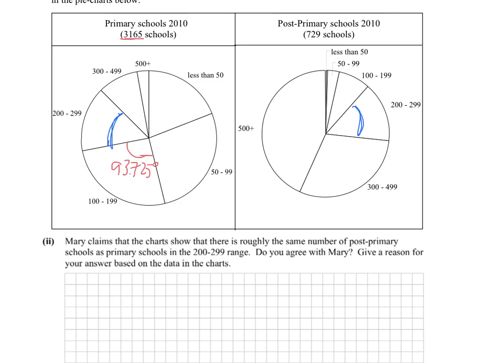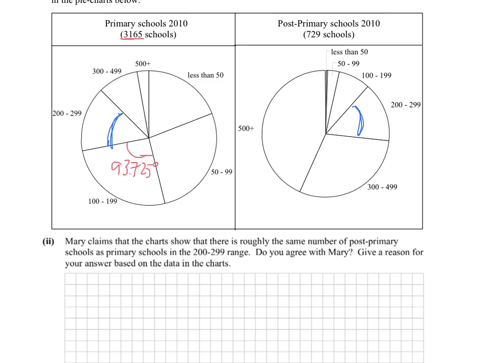Now, I don't agree with Mary, and the reason why I don't agree with Mary is because if you look at the angle, now let's say the angle is approximately 50 degrees, let's say for the sake of argument.